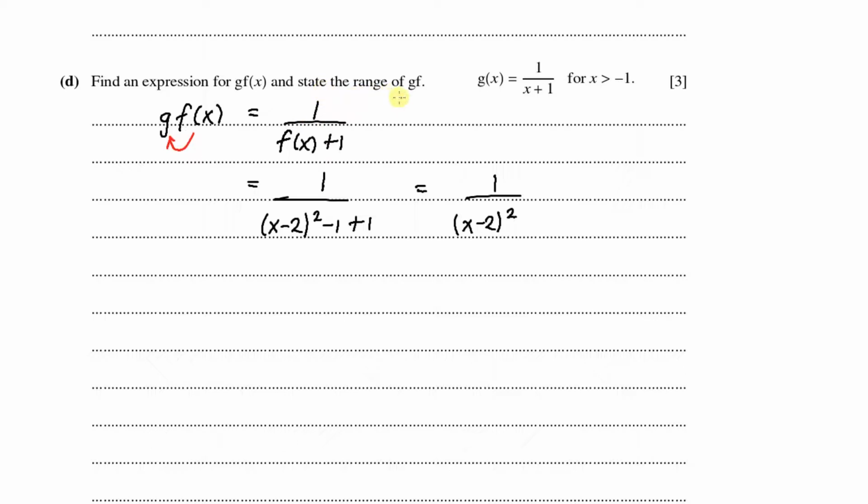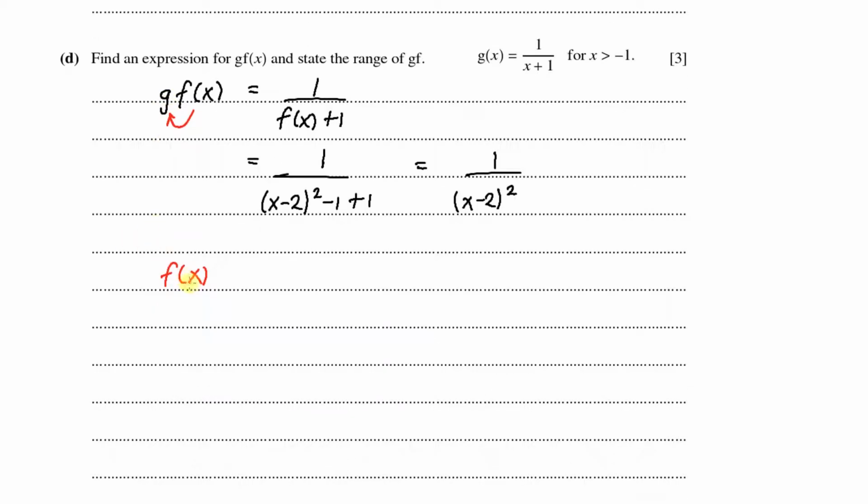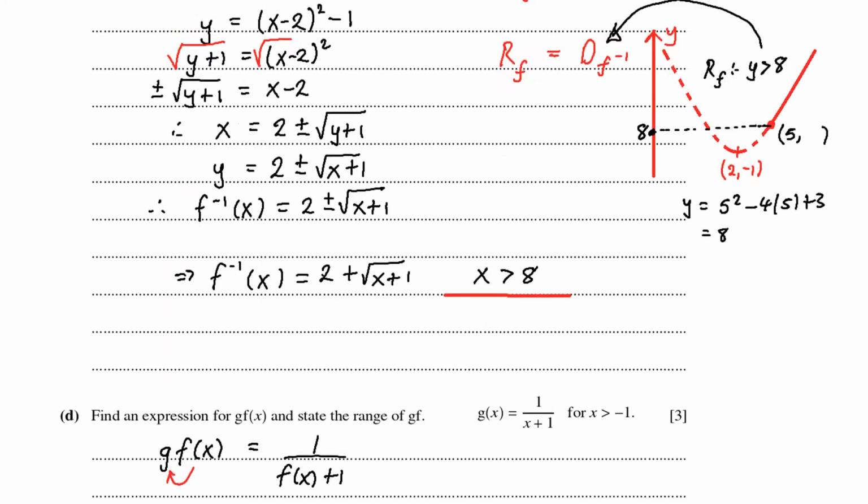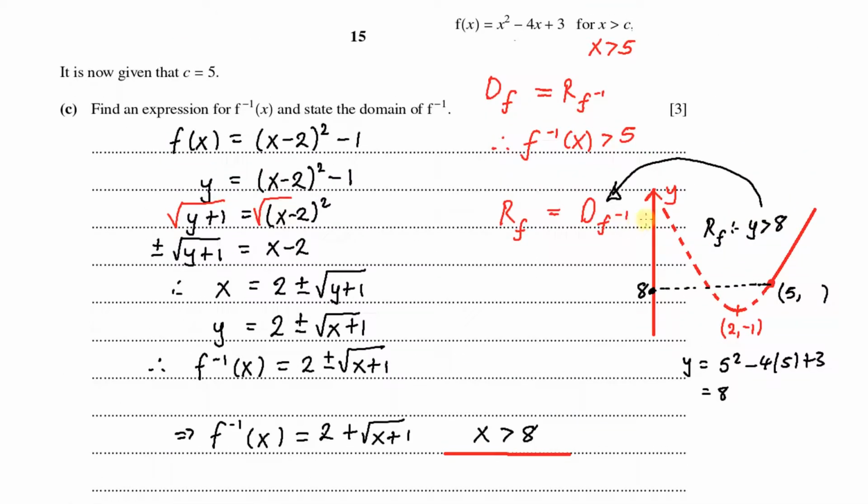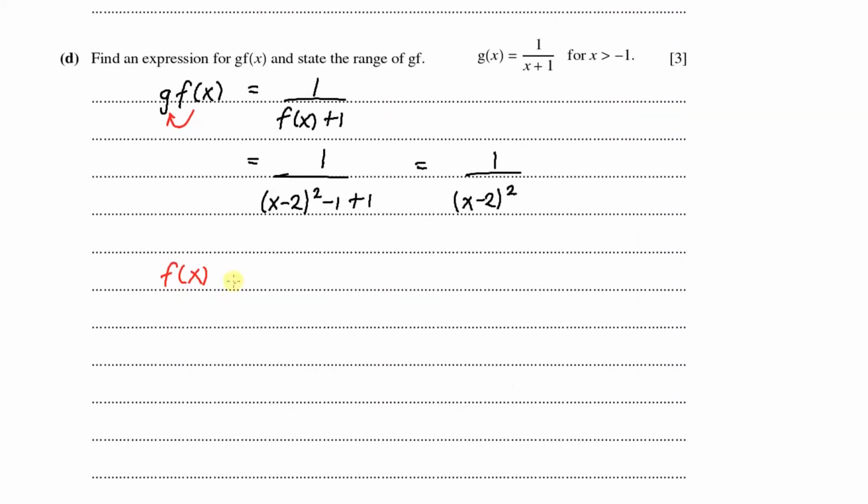Now for the range of g of f, we know that f of x is an input into the function of g. And we know that f of x has a range which we obtained in part C: the range of f is y is greater than 8. So we know here in this case that f of x is always going to be greater than 8.